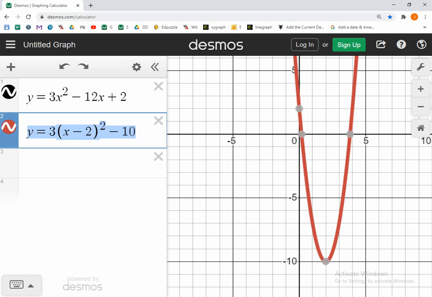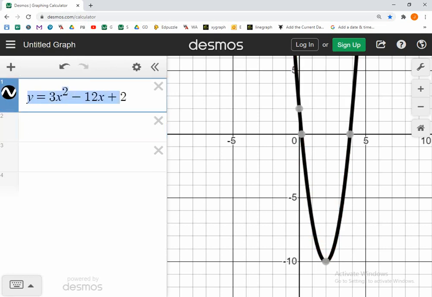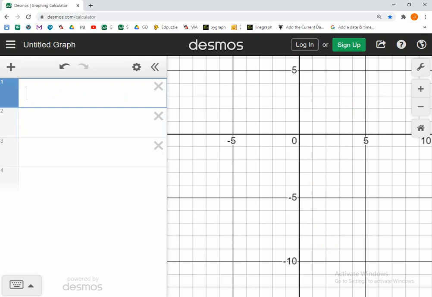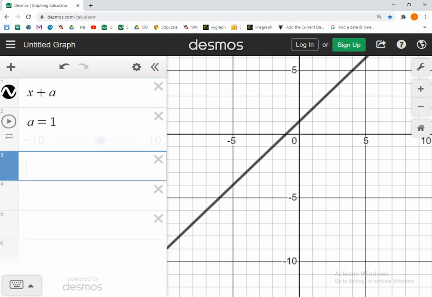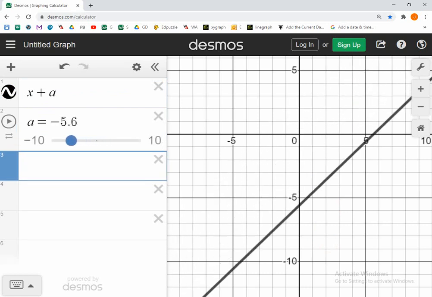So can it be a negative in any of those cases, or does it have to be positive? Yeah, it could be. So what happens, and let me show you, you guys remember talking about lines, like if I take x and then add a to it, that is going to move it up and down.